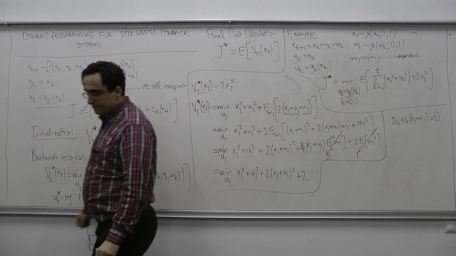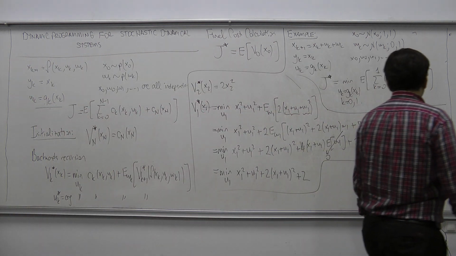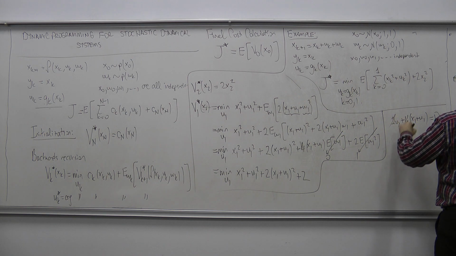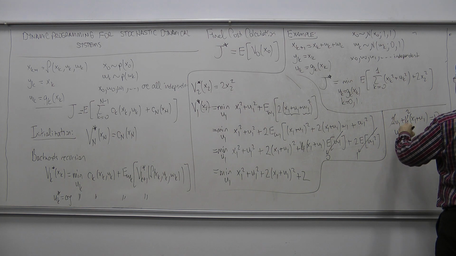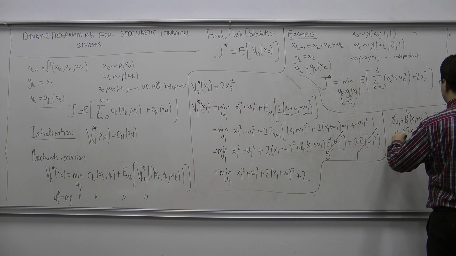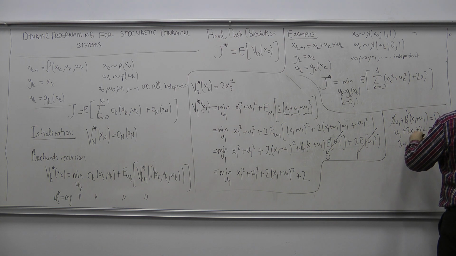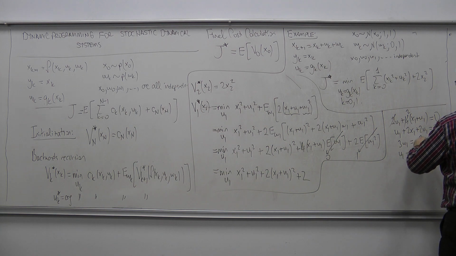Okay? So now I can cancel this 2. There is a 2 here. So I have u1 plus 2 x1 plus 2 u1 equal to 0. So I have 3 u1 equal to minus 2 x1, and u1 is equal to minus 2/3 x1.